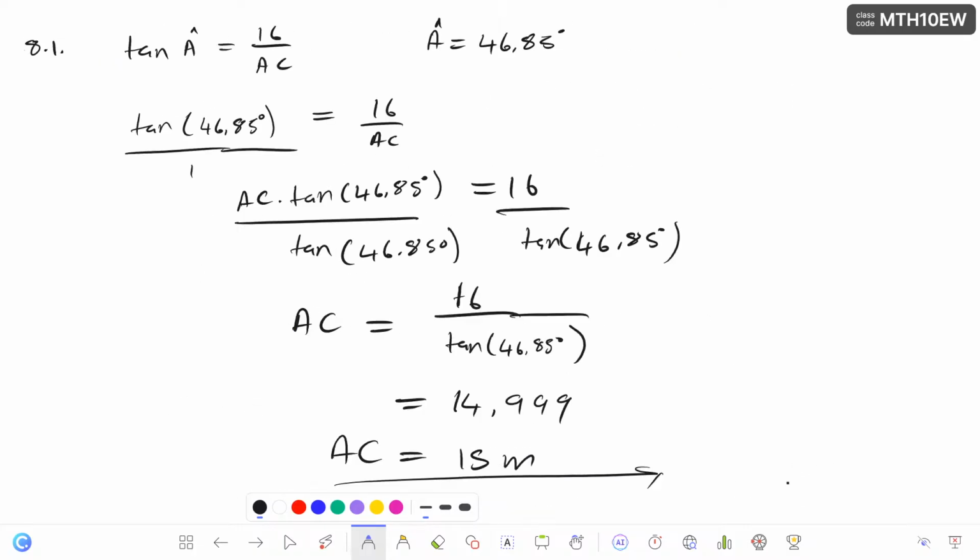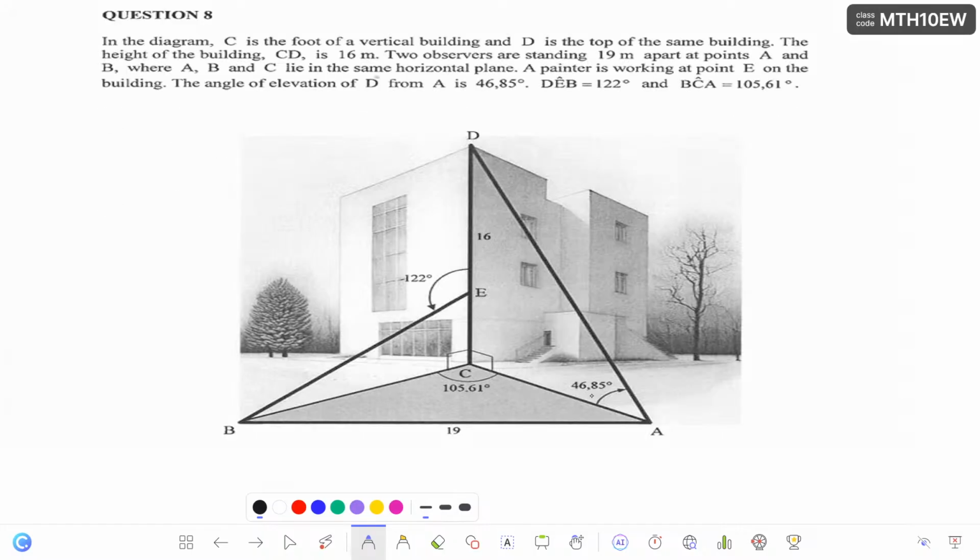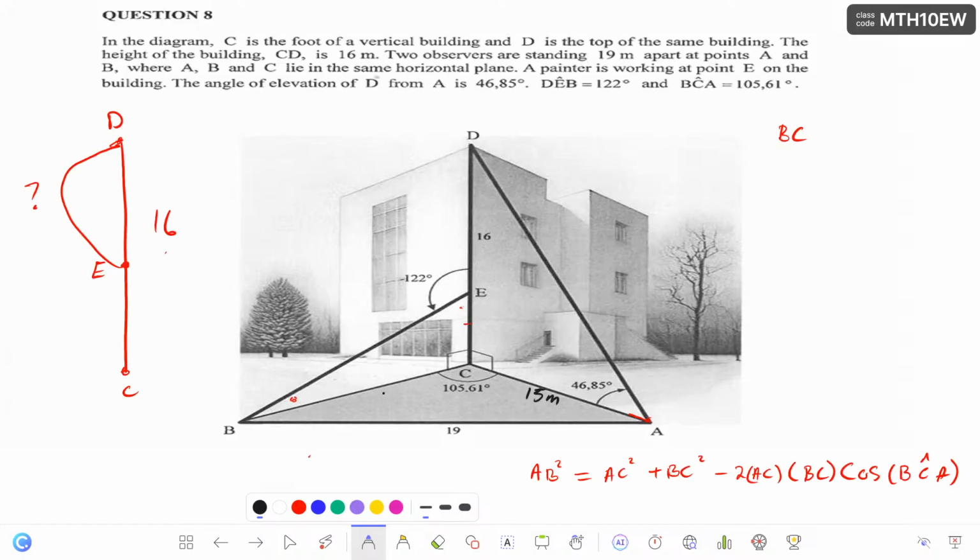Okay, this question is 7 marks. So we have BC, which is 8.30. Now we have a right angle triangle where here is 8.30 and here we have 90 degrees.